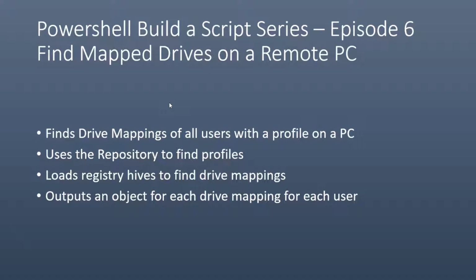If you've watched my previous episodes in the Build a Script series, you should be familiar with at least those concepts. Where the difficulty lies is how to actually go about getting the drive mapping information.